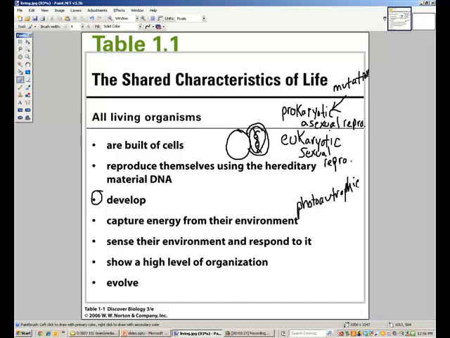If we think about organisms being able to capture energy, the one we're going to focus on uses sunlight to fuel the entire food chain. Sunlight is what plants use along with carbon dioxide and water to go through photosynthesis, and that fuels the whole food chain, where animals are eating plants and animals are eating animals.